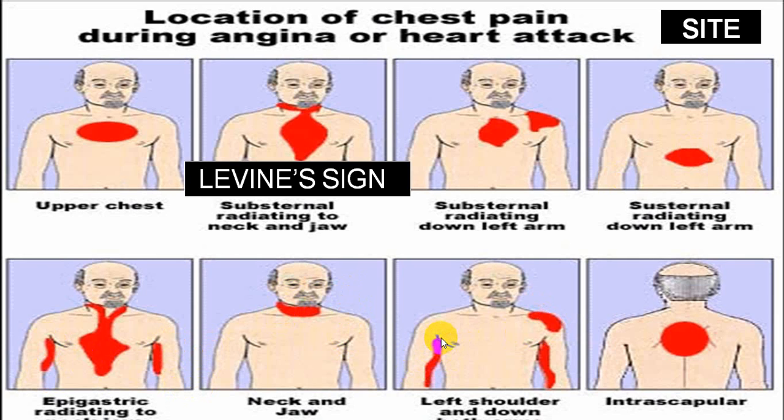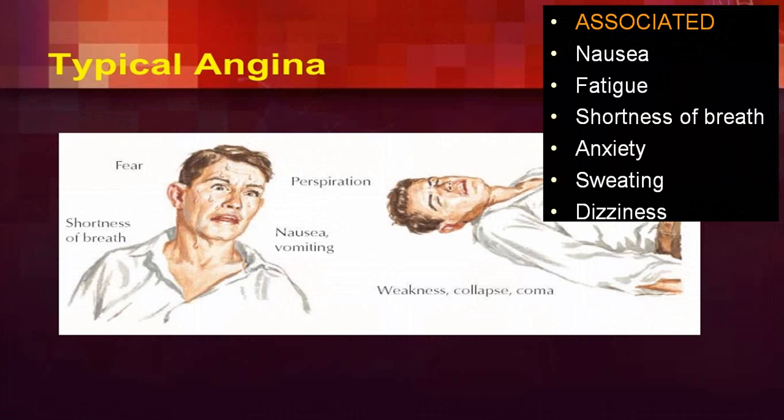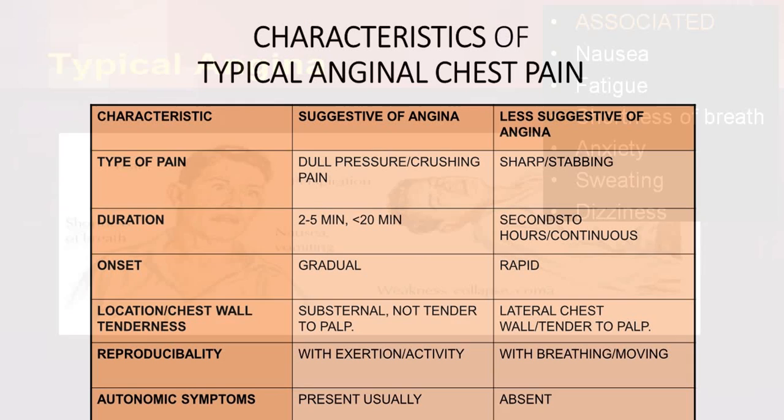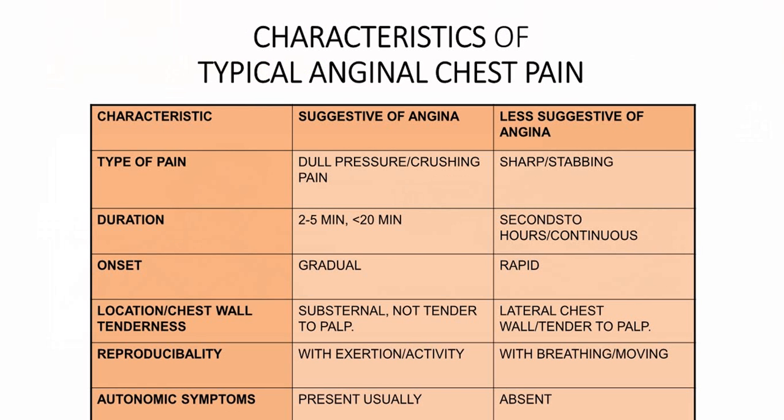Pain can be there on the inner side of the arm and the shoulder, more common in the left shoulder, or posteriorly in the interscapular region. We have already mentioned the associated findings like nausea, vomiting, shortness of breath, anxiety, sweating, dizziness, fatigue. All those symptoms can be there.